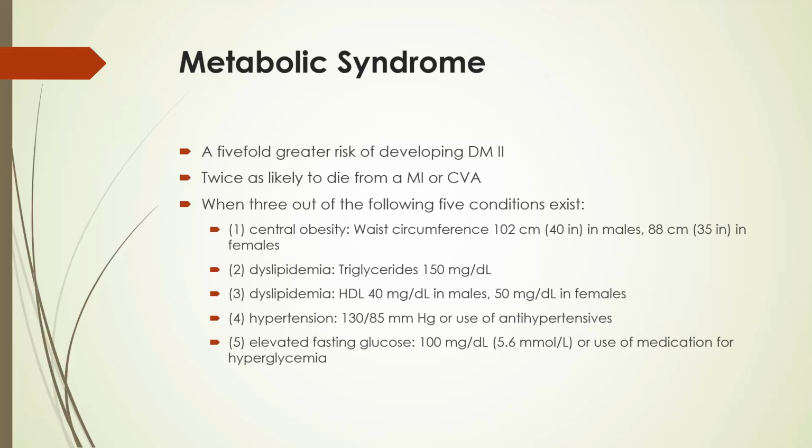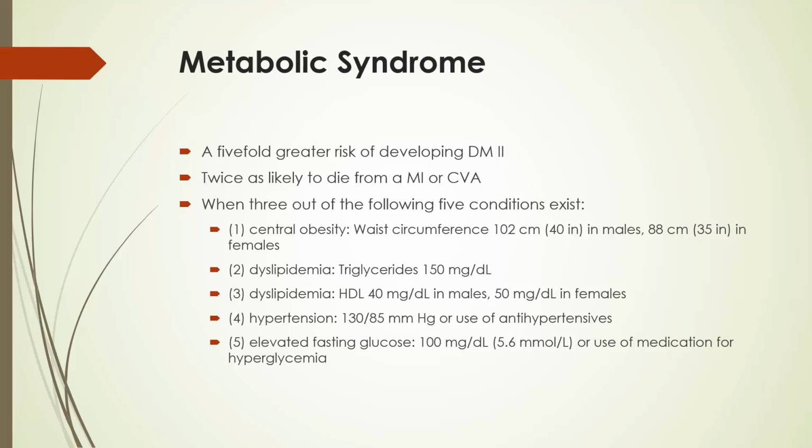The metabolic syndrome, sometimes referred to as syndrome X, not anymore really, and insulin resistance syndrome, is a cluster of metabolic abnormalities associated with an increased risk of diabetes and cardiovascular events. People with this syndrome have up to 5-fold greater risk of developing type 2 diabetes, if not already present, and are also twice as likely to die from MI or stroke compared to those without the syndrome.